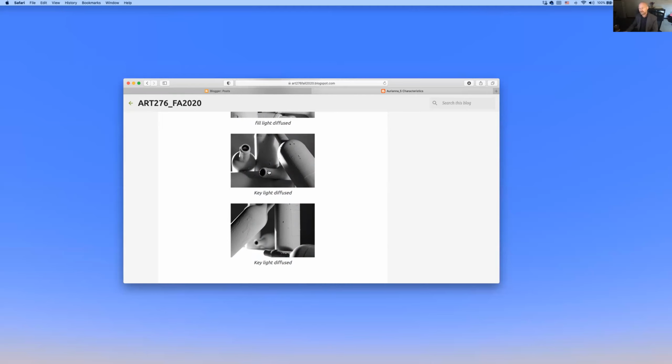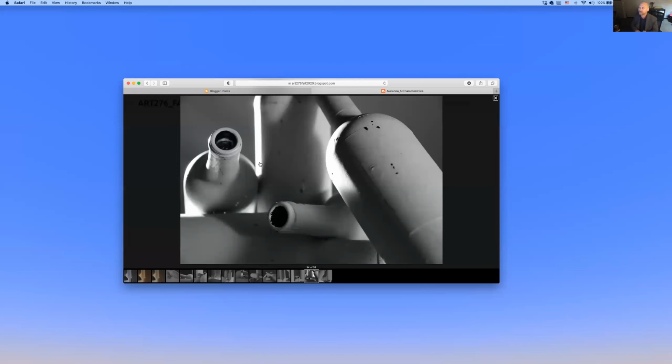Now, here's what can happen sometimes, and I think is going on in this image. You put the diffuser over the key light, the main light source. By putting that filter over it, you're actually reducing the brightness of that key light because there's something in front of it. Then you have the fill light, which is only supposed to supplement it a little bit.